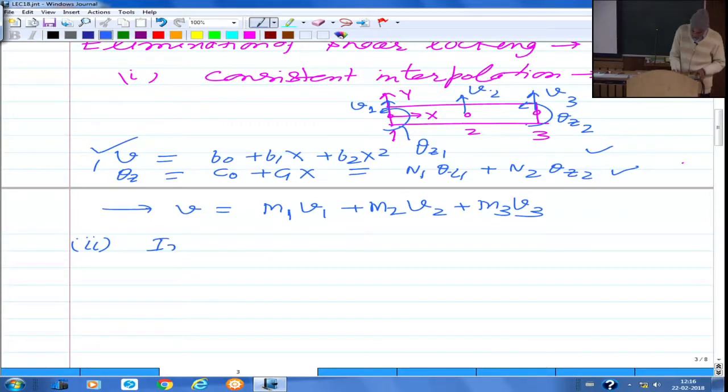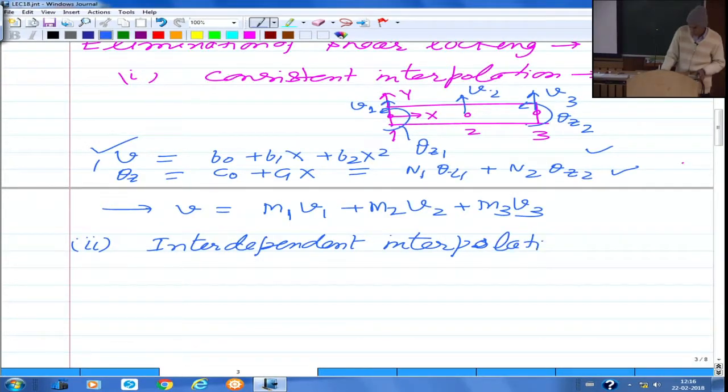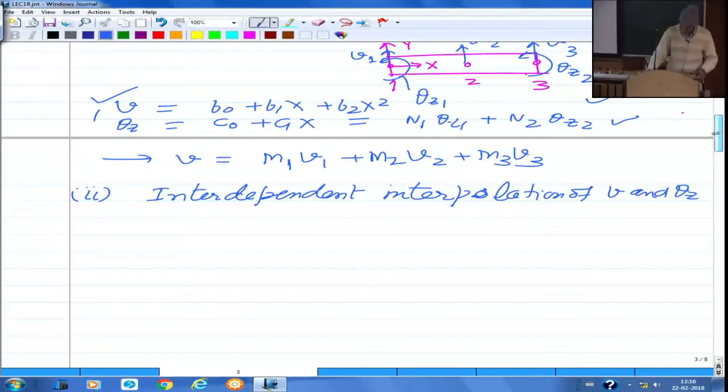Next we are talking about the interdependent interpolation of V and theta z. I think this is in fact what the ANSYS beam element is based on.